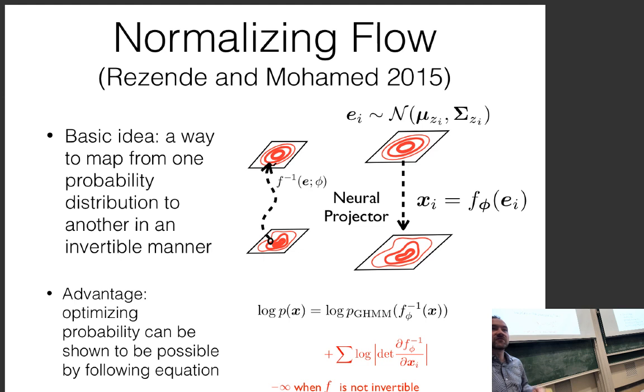So it would infinitely penalize your model for coming up with this kind of bad transformation. On the other hand, if this is the identity, so if you don't do any transformation whatsoever, or you do something like an orthogonal transformation that doesn't result in any information loss, this term will become 0.